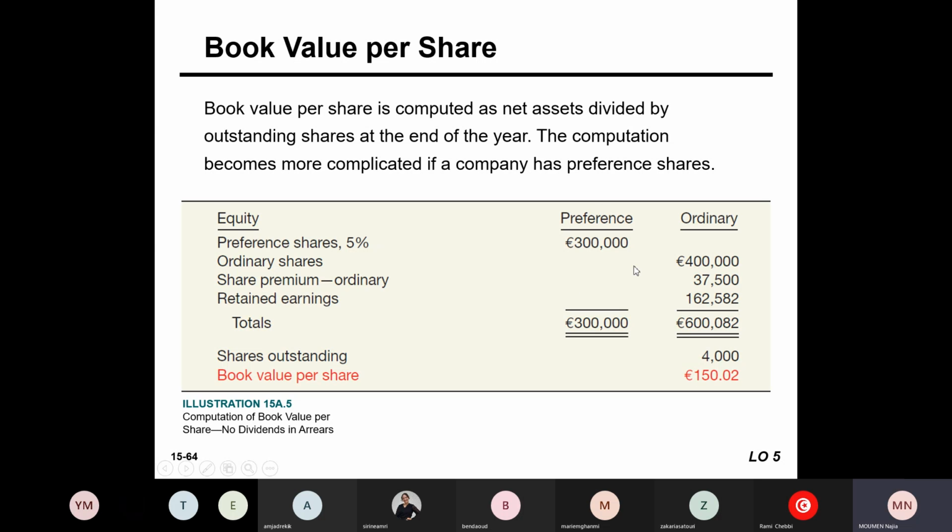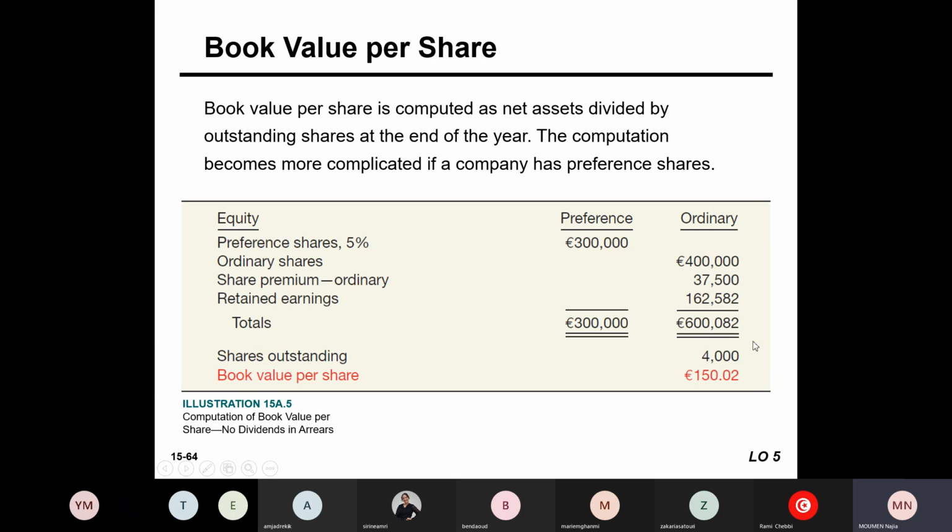So the situation here is that in this example we have equity with preference shares of 300,000, ordinary shares of 400,000, share premium on ordinary of 37,000, and retained earnings of 162,582. So the total share capital or ordinary equity here is 600,000.